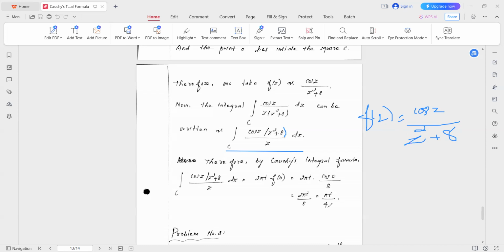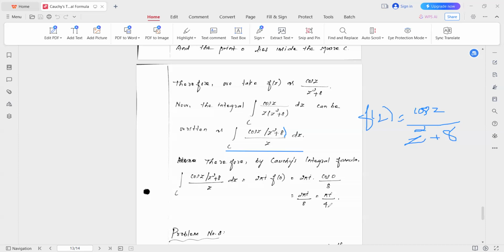Instead of doing all the partial fractions, this is the easiest method to find the integral value. If the point lies outside the square, you can take that part into f of z. You can choose that function as f of z. If it lies inside, then we must do the partial fraction.